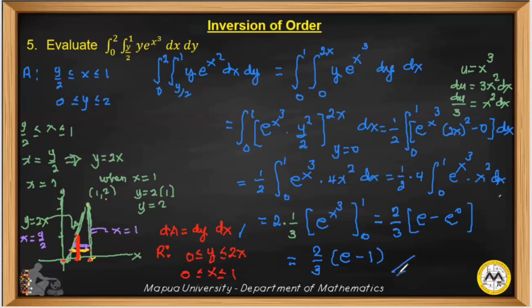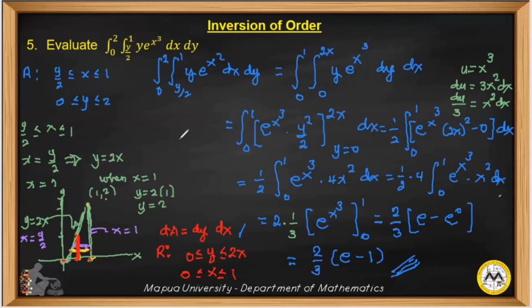Okay, so this is the integral of y e raised to x cubed dx dy, where x goes from y over 2 to 1, and y goes from 0 to 2. But since it gives us difficulty in evaluating the integral in this order, we have to do inversion of order.